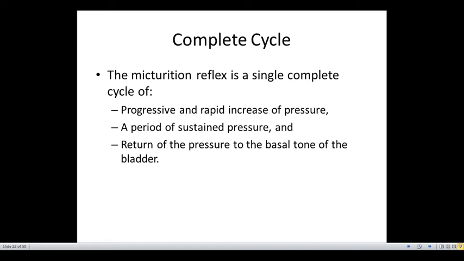Therefore, the micturition reflex is a single complete cycle of progressive and rapid increase of pressure, a period of sustained pressure, and return of the pressure to the basal tone of the urinary bladder.